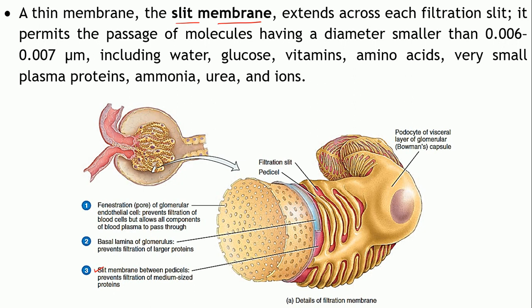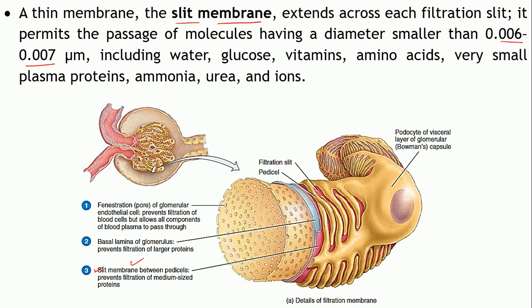So there is a thin layer of a membrane which permits the passage of substances which are having very small diameter. So it prevents the larger substances from getting filtered out. So only those substances with the size of less than 0.006 to 0.007 micrometer only can cross this particular slit membrane.